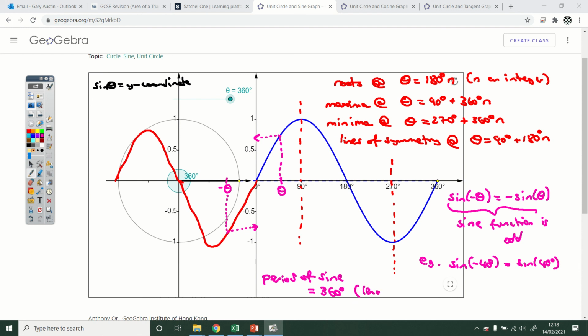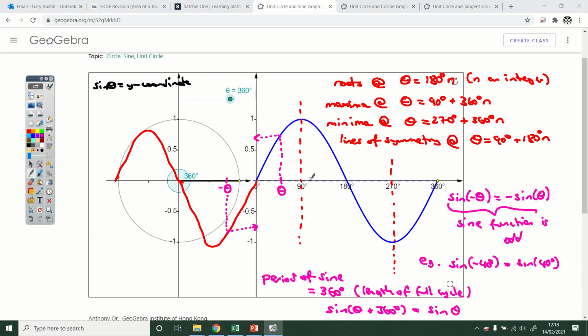So that's the length of a single cycle. Which means if you add 360 degrees to your angle, that's going to give you the same value back again because you've gone through a full turn of your cycle.